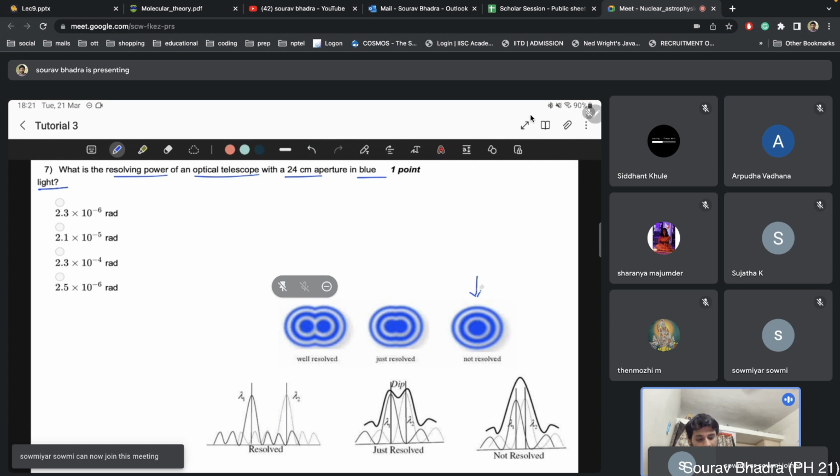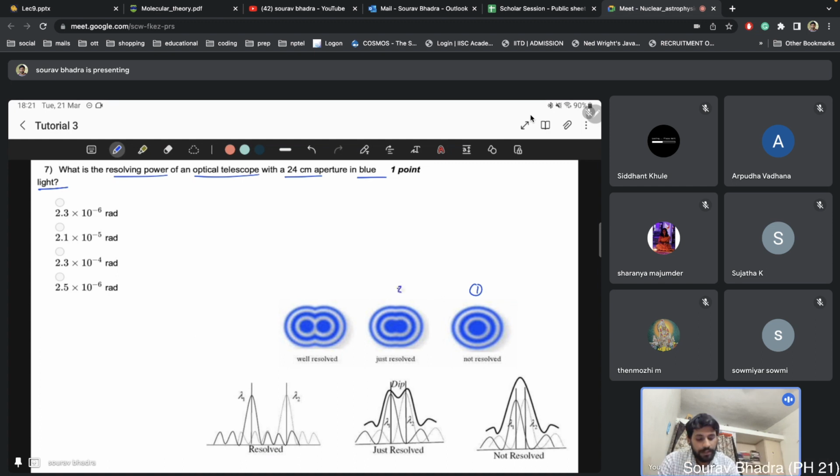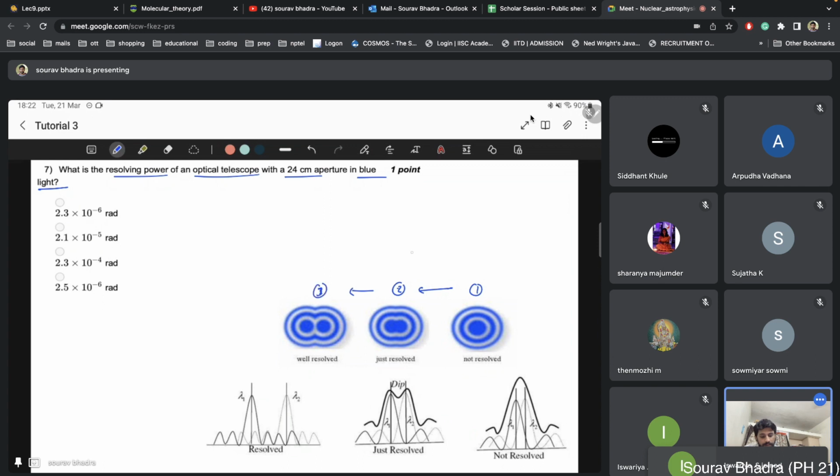Suppose you are viewing it like this at first, but with more and more resolving power, this source will look like this, and then like this. So resolving power is increasing along this direction.